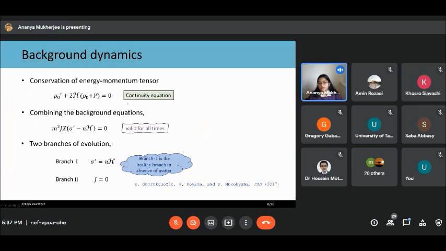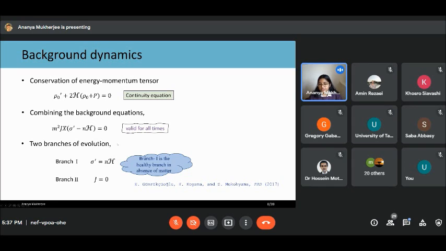So for a general matter Lagrangian, we can find the energy momentum conservation equation. So this is the continuity equation at zeroth order, and combining the two Friedmann equations, we obtain a condition on the background value of the massive gravity parameters, which is valid for all times.